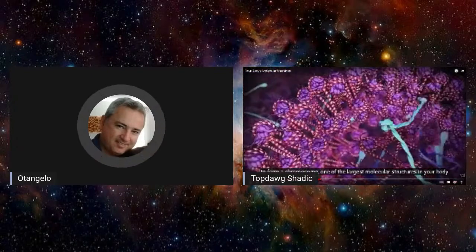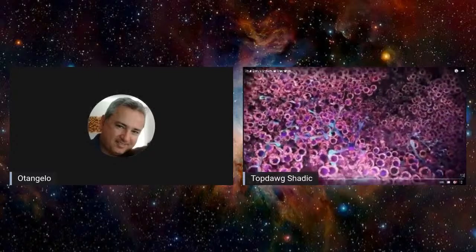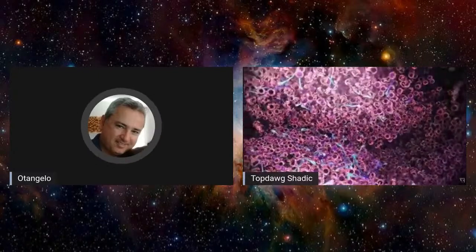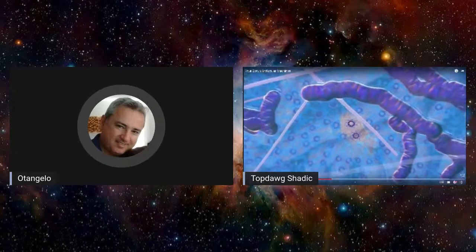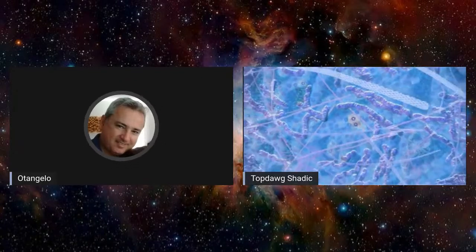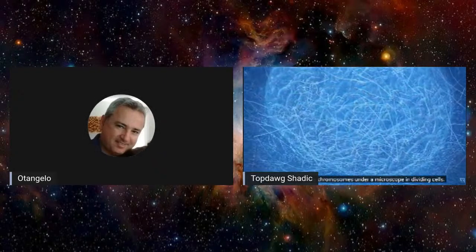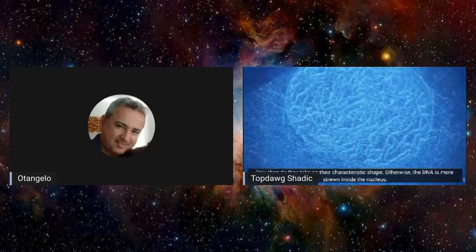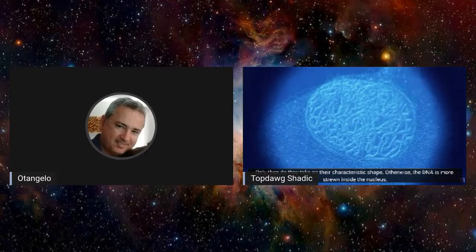I mean, if you just look at what you are putting here on the screen right now, like these kinesins walking on the microtubules, do you think this is something that could spontaneously emerge by evolutionary mechanisms? Is it not a chemical reaction that we're observing? Well, life is much more than just chemical reactions.